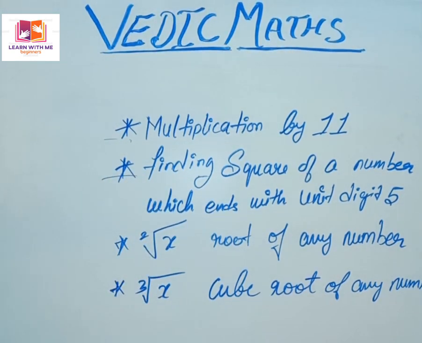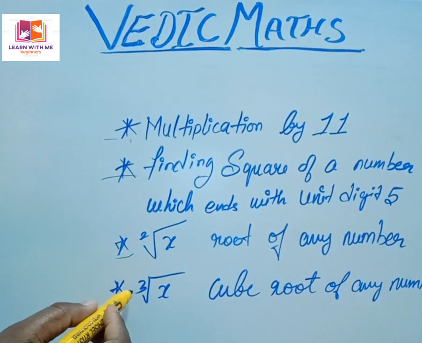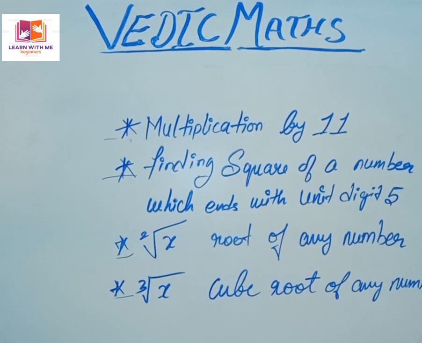After that we will learn how to find square root and cube root of any number without using pen and paper. I think you will find this video very interesting, so stay with me and watch this video till the end.